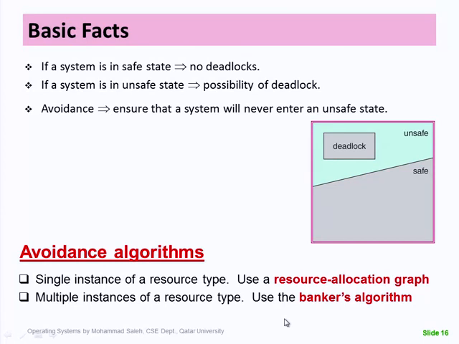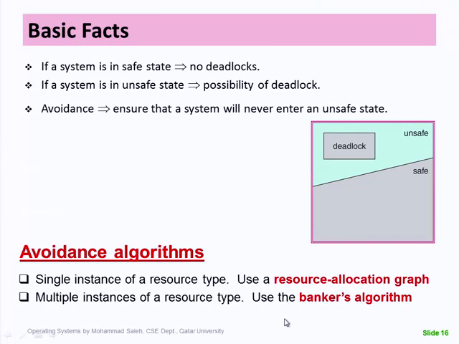For each request, we will check if that's going to cause a cycle. If so, better not to grant this request, because that will lead us to what? A deadlock immediately, right? If not, then it's fine to have it, right?